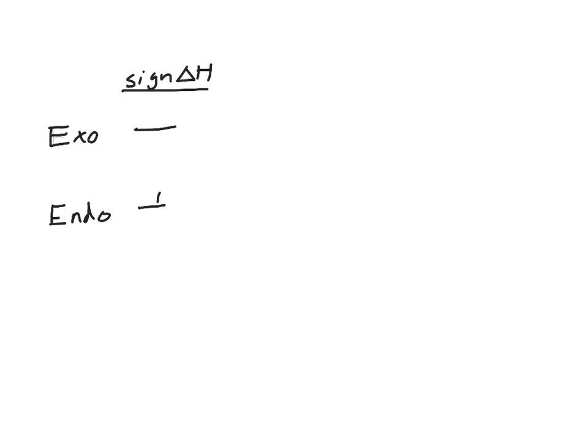For an endothermic, it would be positive. In the context of a reaction, RxN, by the way, is how chemists abbreviate reaction, exothermic would have energy as a product, and endothermic reaction would have energy as a reactant.